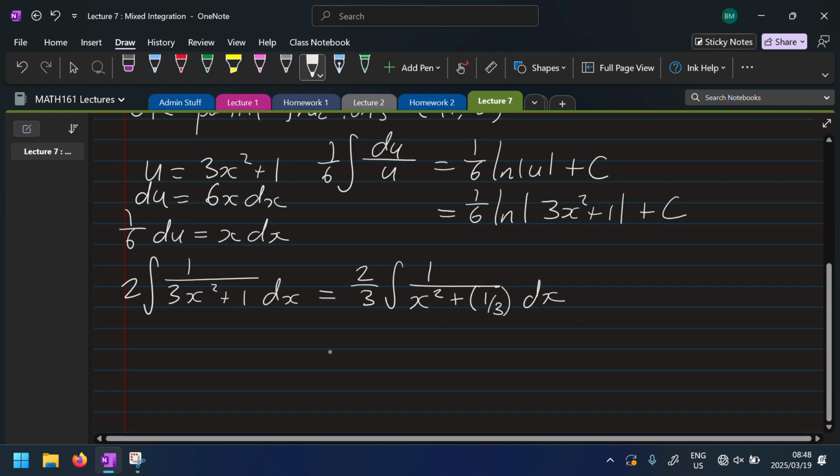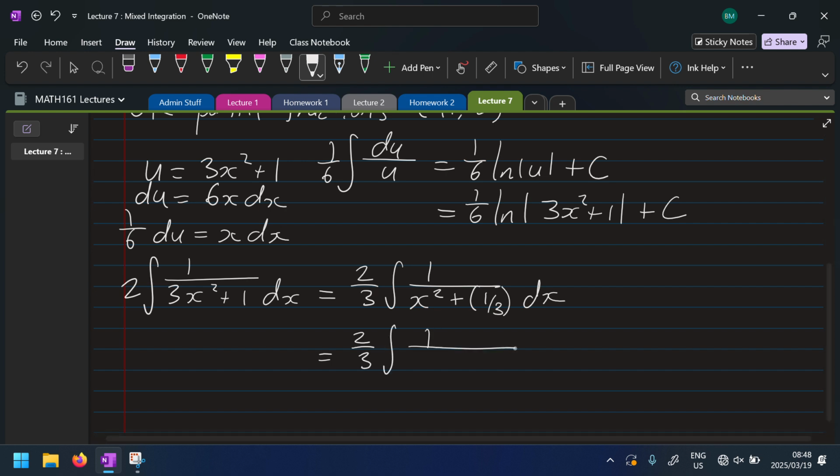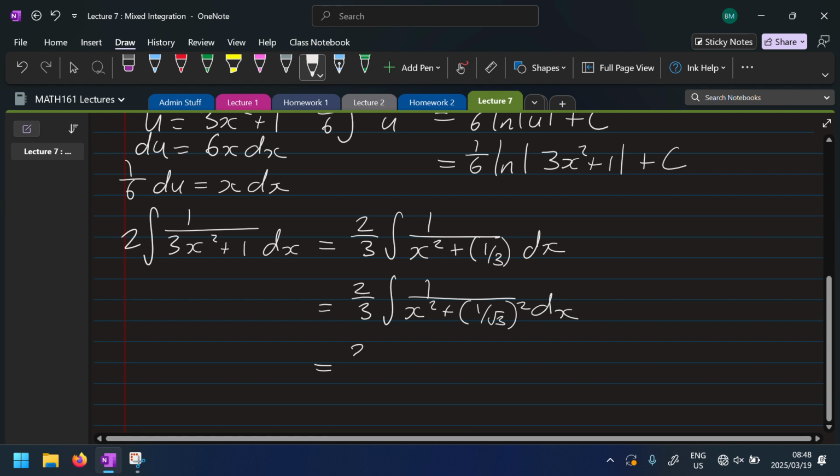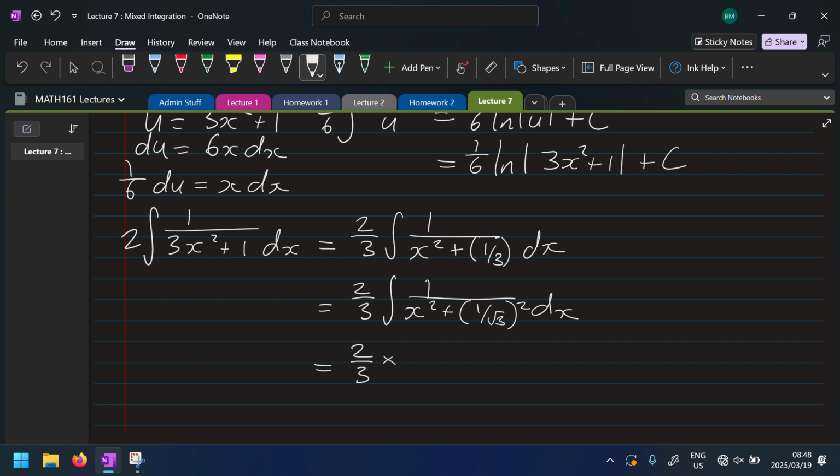We want something squared. So that's going to be 2 over 3 integral 1 over x squared plus 1 over root 3 squared. Now we have x squared plus a squared, so we can write down our answer. This is going to be 2 over 3 times 1 over a, so 1 over root 3, so root 3. Then it will be arctan x over a.